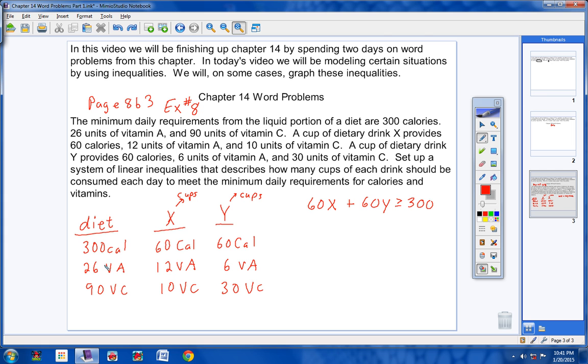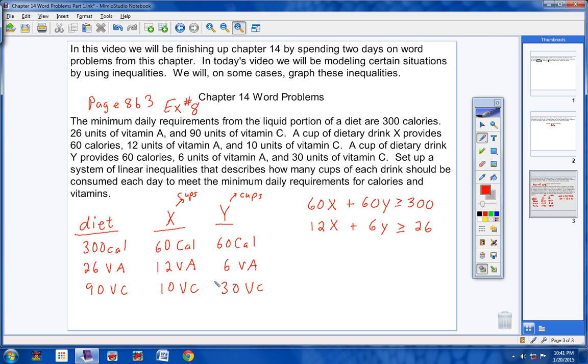Okay? Now let's talk about vitamin A. Every cup of drink X gets multiplied by 12 because there are 12 vitamin A units in each cup. Drink Y has 6 units. Okay? And so when you add up all of your vitamin A, it had better be greater than or equal to 26 because you want at least 26 units of vitamin A. Now, probably by now you're getting the hang of this.